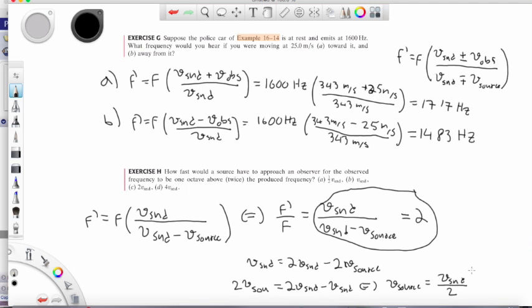So the source velocity is half of the speed of sound. And in that case, that would be the option A.